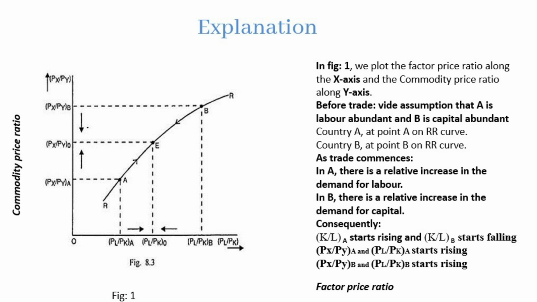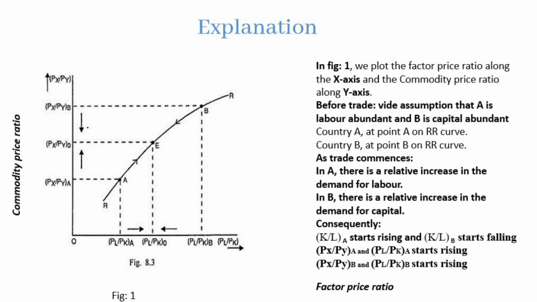Now, if we look intently at the figure 1, we'll see that prior to trade, the country A, which was at equilibrium at A, now because of the demand pressure on labor, labor is being used more intensively. So what happens? The factor price ratio and the commodity price ratio, they start increasing.